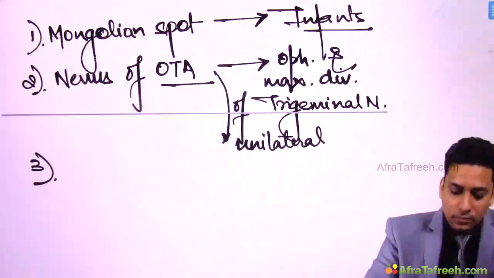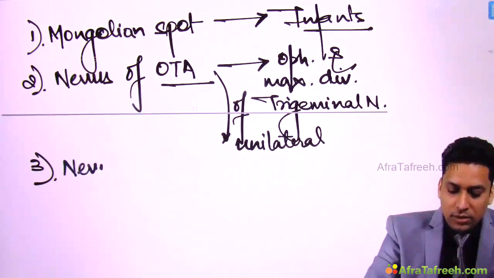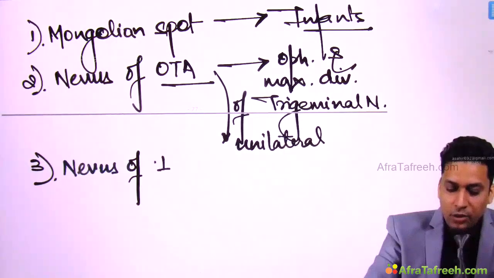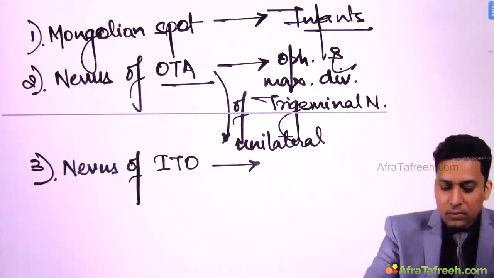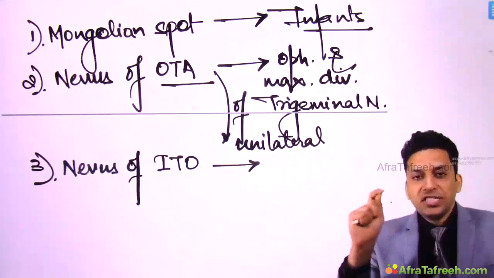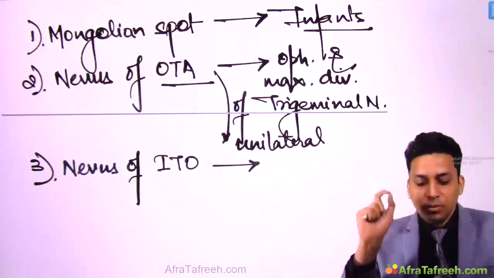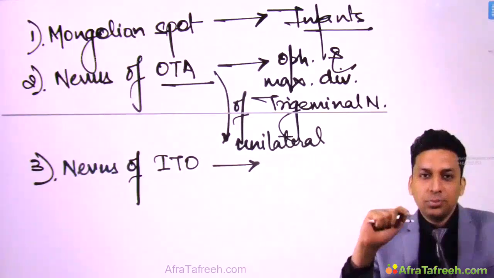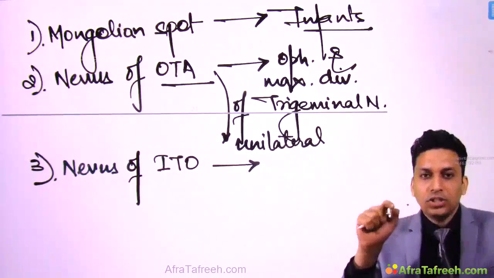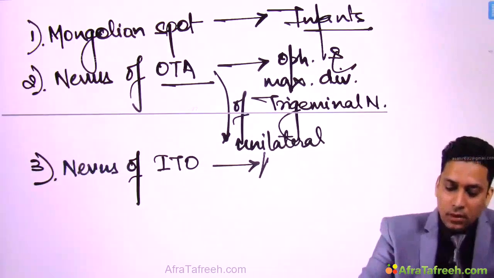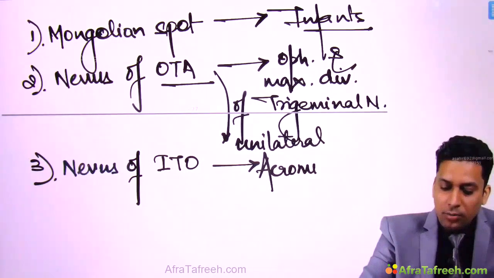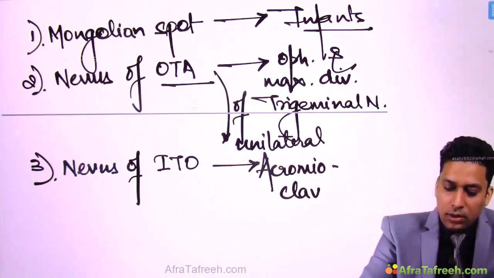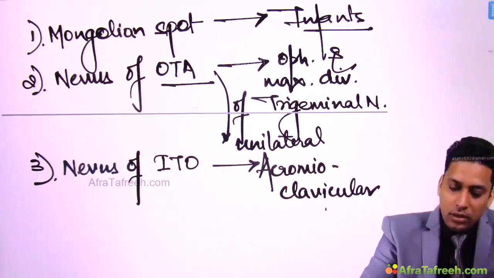Third, nevus of Ito. Here you can note down bluish discoloration. So here also lesions are blue. So bluish discoloration along the distribution of the acromioclavicular nerve.